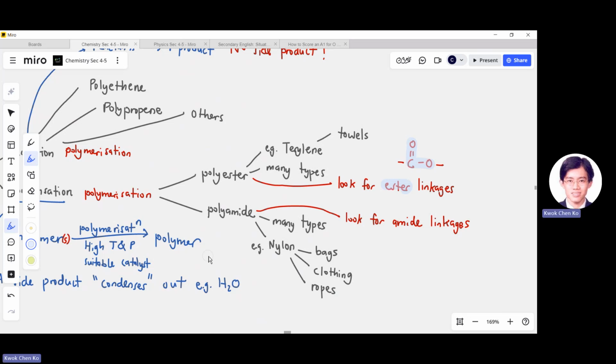Otherwise, if it's alone, you only find one within the molecule, then it's basically an ester functional group. Recognize the amide linkage too? It looks like this.